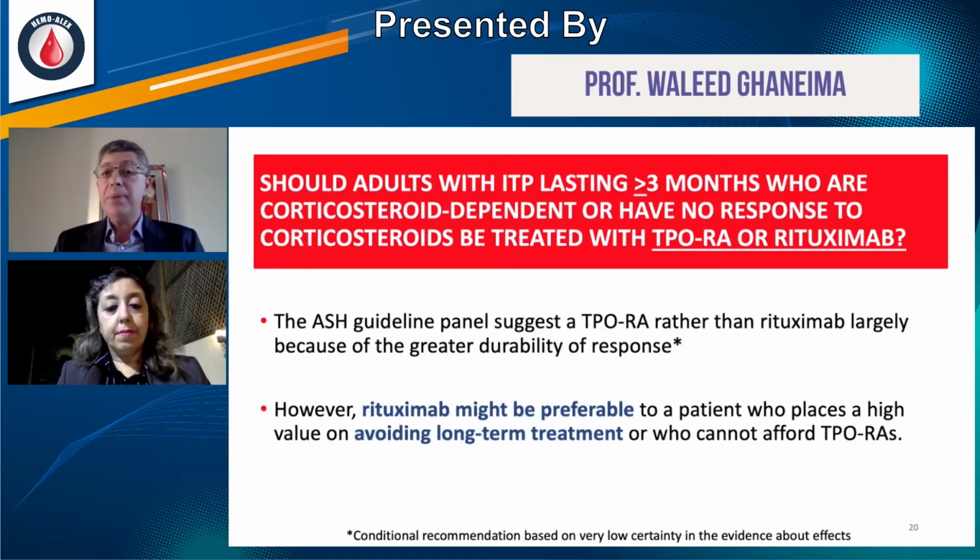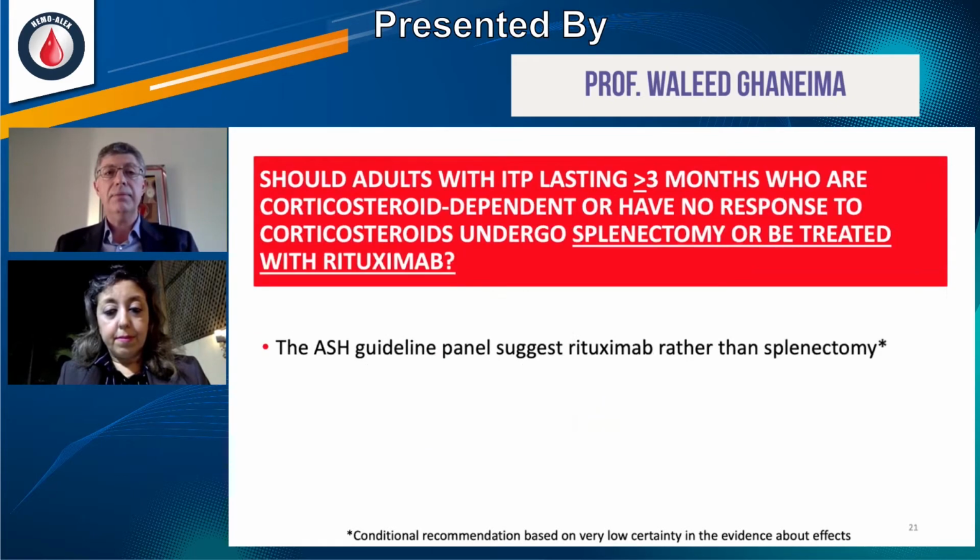However, rituximab might be preferable if the patient places a high value on avoiding long-term treatment. If the patient doesn't want or cannot afford TPO, if the patient doesn't want to take tablets every day or injections every week, then the patient chooses rituximab. So it's the patient who decides, actually, and we inform the patient.